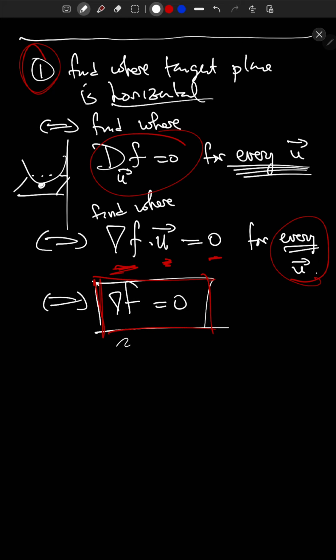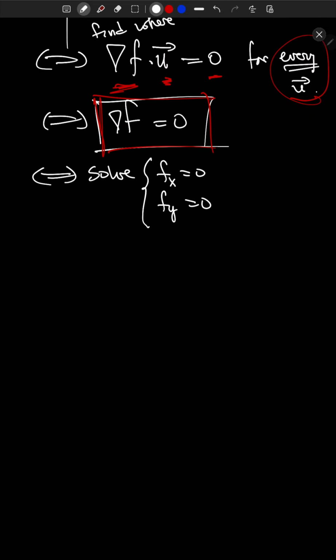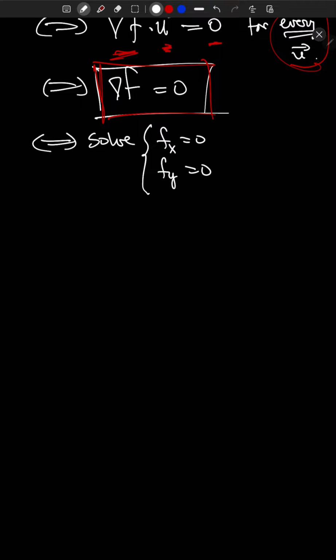In practice, that means you're going to have to solve f sub x equals 0, f sub y equals 0, both these equations simultaneously. So you need to find points a comma b where f sub x of a comma b equals 0 and f sub y of a comma b equals 0.